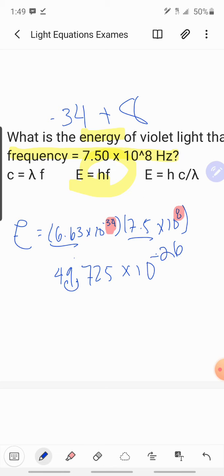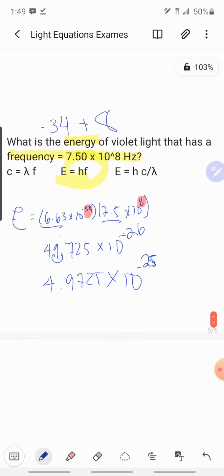We move that over one. 4.9725 times 10 to the minus 25. Again, most of your answers you can find just by working out the first number, but you should know how to work out the exponents. And again, if it is too difficult to calculate it by hand, you're more than welcome to just plug it into the calculator if that's easier.